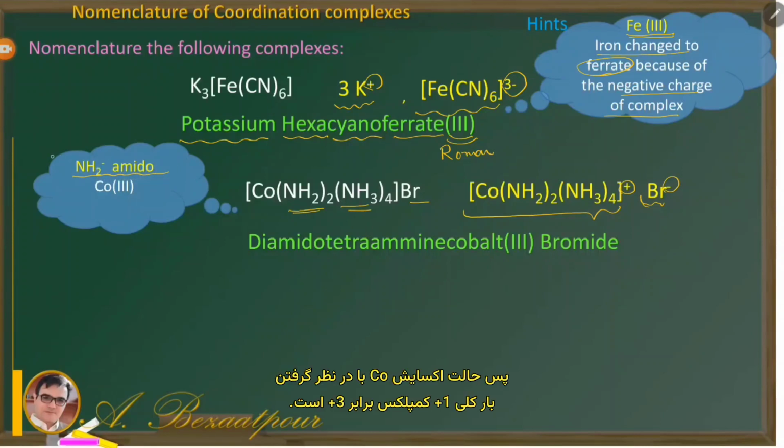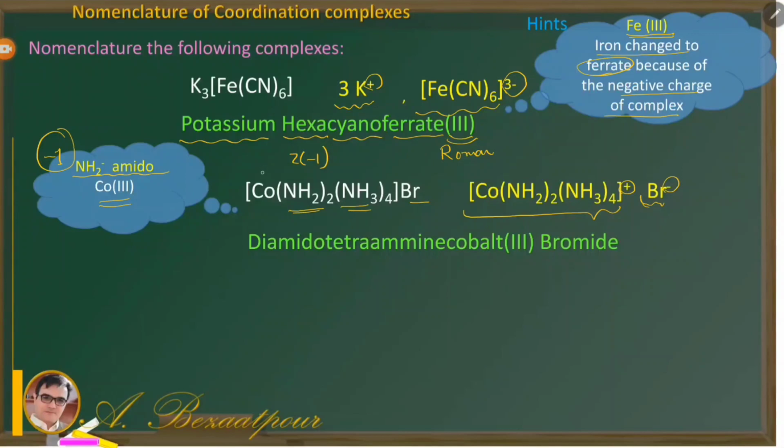Then the cobalt has 3 plus oxidation state considering the overall 1 plus charge of the complex. Therefore, we must use the common name of cobalt. Diamido tetraammine cobalt(III) bromide.